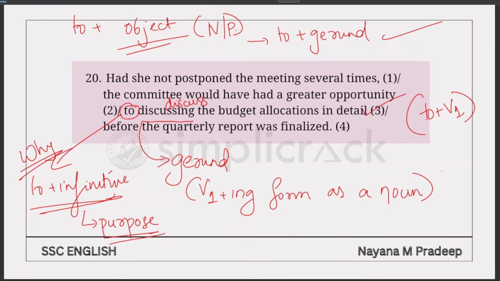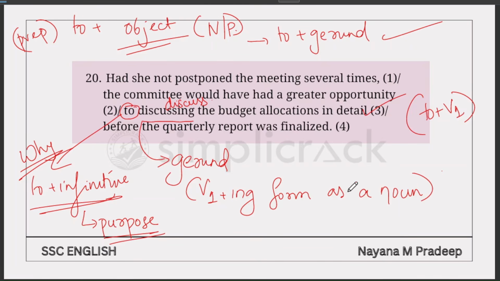If it is used as a preposition, then it can be followed by the gerund. Why? Because a preposition always requires an object, and an object always takes the form of a noun or a pronoun. And the gerund is the V1 plus ing form of a verb that acts as a noun. So that is correct when the to is used as a preposition. To can function as a preposition and to can function as an infinitive. In this particular case, it is used as an infinitive.